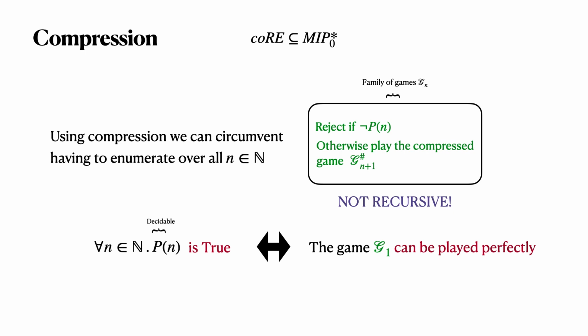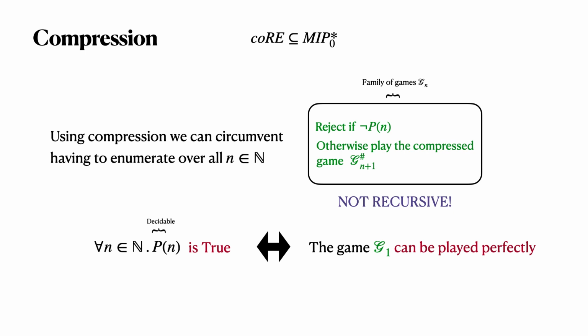Note that this is not a recursive description. The games G sharp are not the same as the games G. Intuitively, however, the compression theorem, because of the way it relates the values of G and G sharp, allows us to treat the two games as if they are the same, at least when it comes to the analysis.